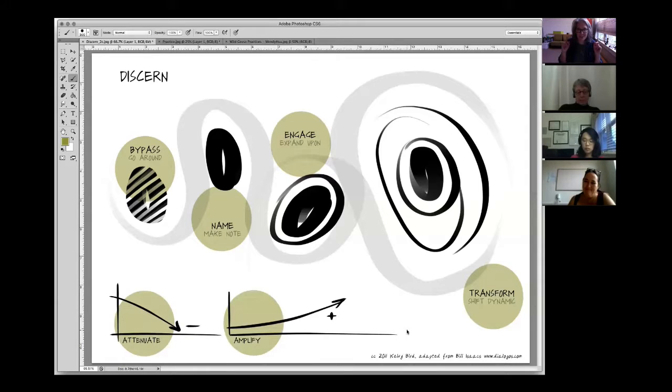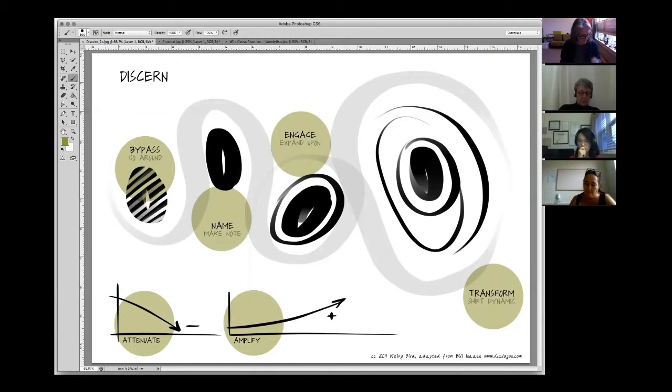But because we're attuned to hearing the different voices, we can choose to engage that one voice that came in very quickly and in a small window of time, and therefore we transform the dynamic by helping to amplify the small voice and attenuate the larger voice. And so it balances out the dynamic.